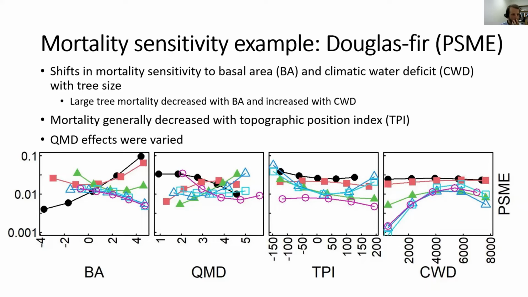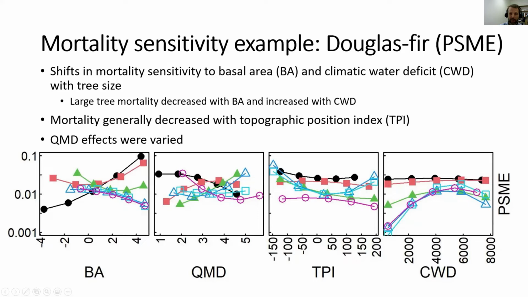So what do we see? Well, for basal area and quadratic mean diameter, it looks like the sensitivities really shift as we change size classes. You know, particularly if you look over here on the right with climatic water deficit, the big trees have a substantial increase in mortality as we get to drier environments, whereas the smaller trees, these black and red symbols, are pretty flat across that window.